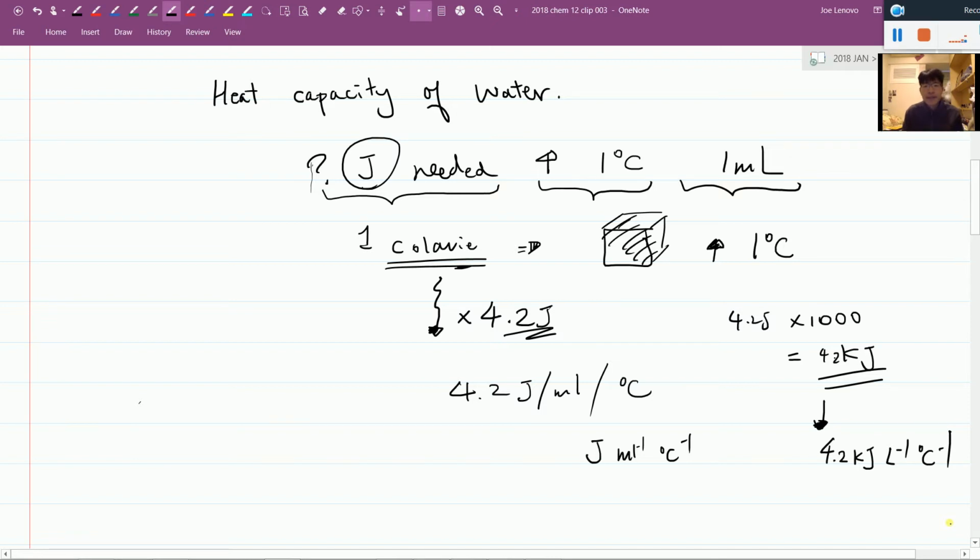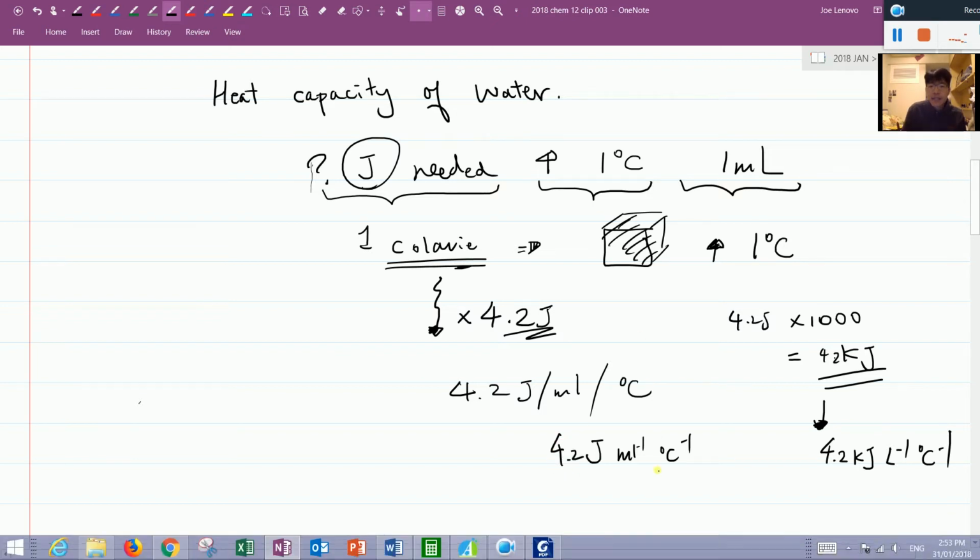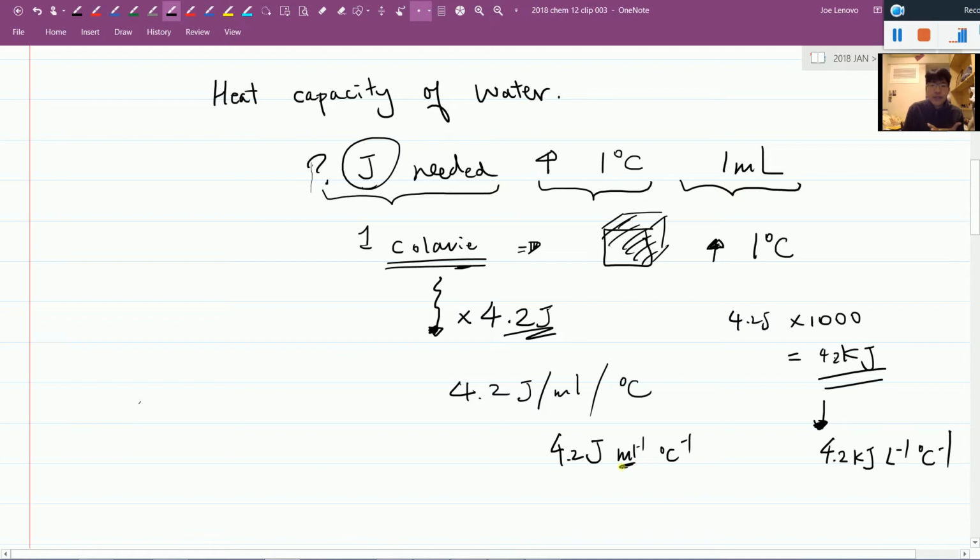From 1 ml to 1,000 ml, you need 1,000 times more energy to increase. So if you're just looking at ml, you use 4.2 J. If you're looking at liters, much bigger values, we use kilojoules. So hope you understand the unit a little bit.